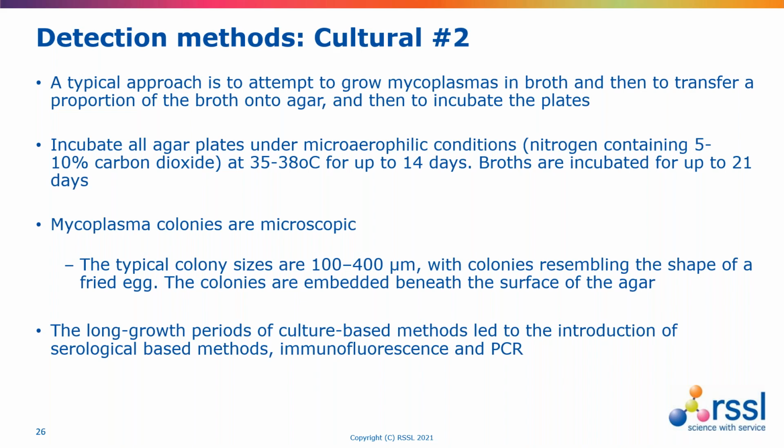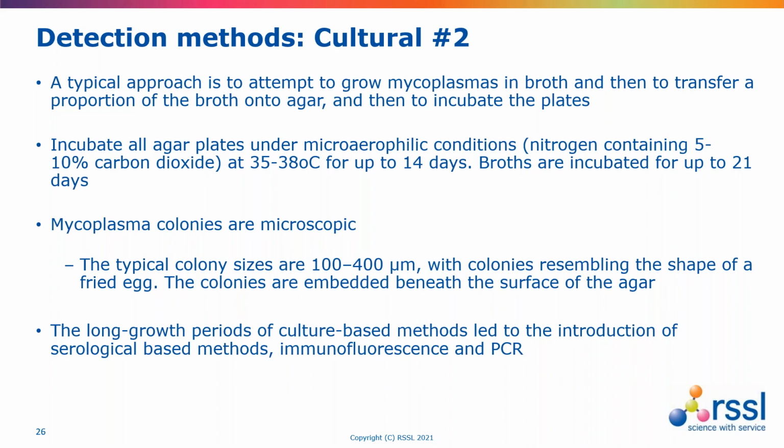With mycoplasmas, the typical colony sizes are around 100 to 400 microns, and the colonies have a kind of distinctive formation that many people say resembles a fried egg type appearance. And the colonies are also typically embedded beneath the surface of the agar.